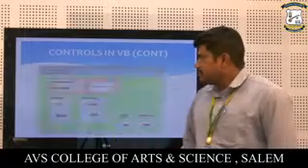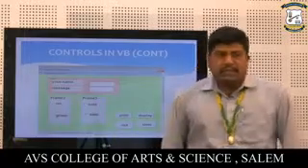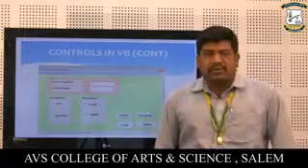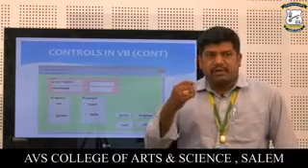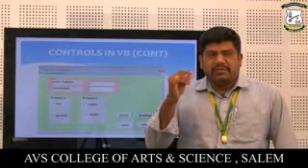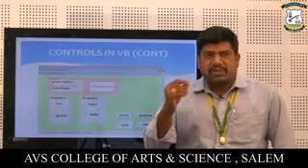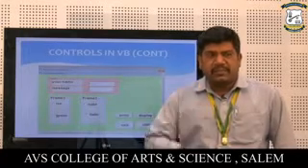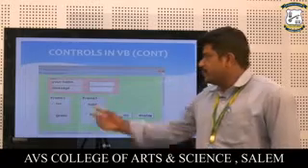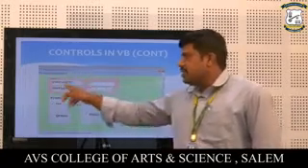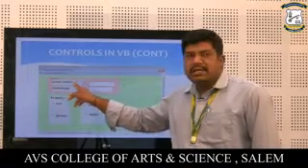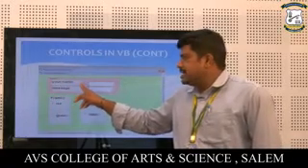Next one. Before we place a control or frame, we have to know how to utilize the checkboxes, options, or command buttons. First, this is one of the frames. This is called the label, which is shaded in ash color.